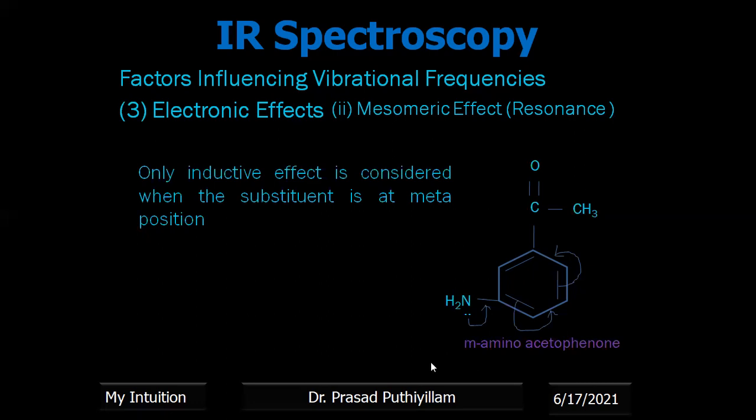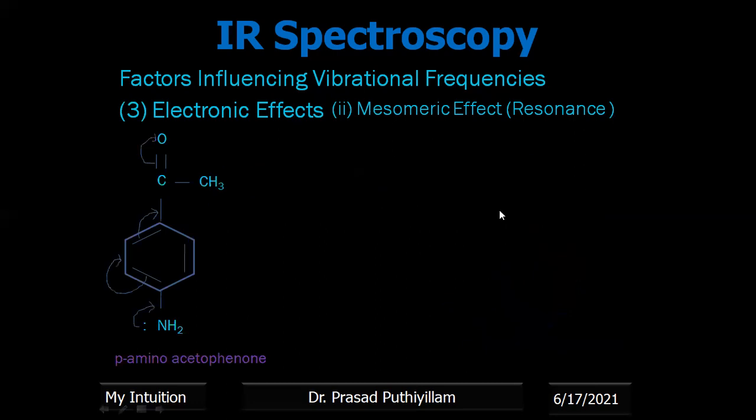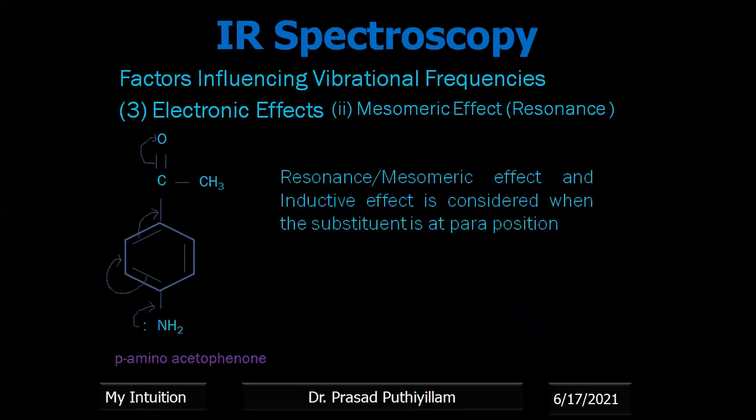Okay, inductive effect is possible. A more electronegative atom can withdraw electrons through the covalent bond. The pi bonds will not be participating. Therefore, only inductive effect has an effect on the IR frequency of the carbonyl functional group if it is at a meta position. If it is para position, it can have resonance or mesomeric effect.